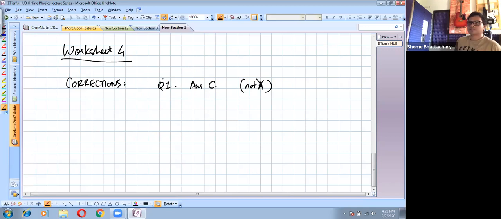And the other correction is in one of the answers, question number 6. The correct answer actually should be that P minus Q vector should become 10 j cap.